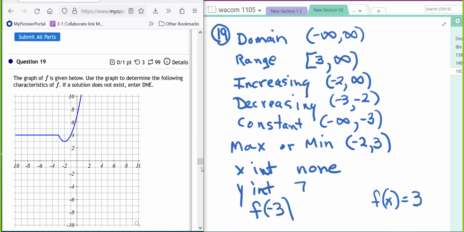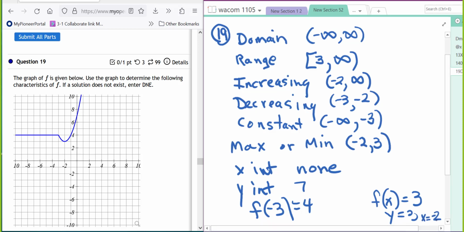So f of -3. So when x is -3, where is the picture? And it is at 4. Right? This says y is equal to 3. Where is x? So y is equal to 3. Where is x? X is at -2.